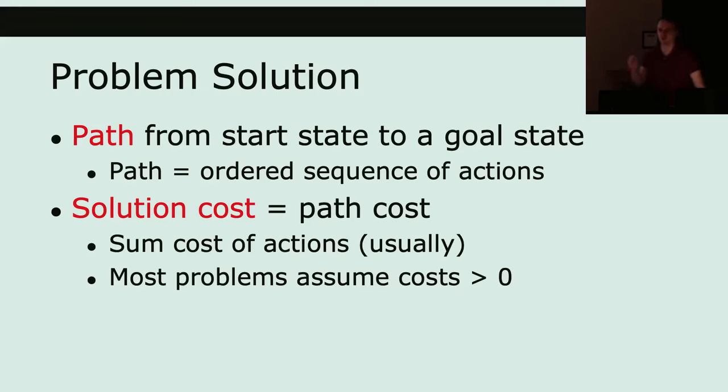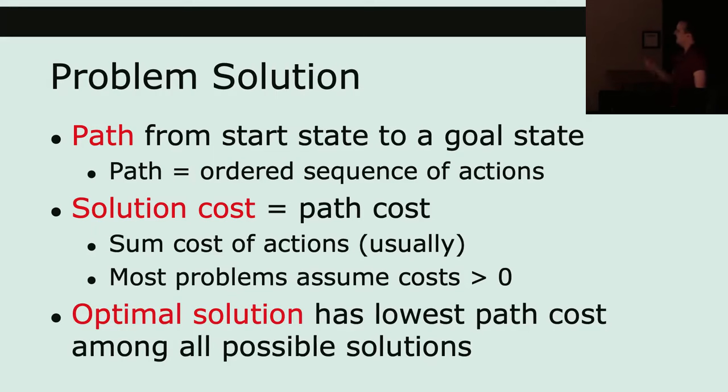Because if the costs could be 0 or less than 0, well, if they're equal to 0, then we could keep taking those actions and the cost of the path wouldn't go up. And then our algorithm could basically loop infinitely and it would be terrible. And if the action costs were less than 0, then we could take more actions to get a better path. We're not going to deal with those theoretical things. So for the whole course, when we're doing search, we're going to assume that all of our action costs are greater than 0, just for simplicity's sake.